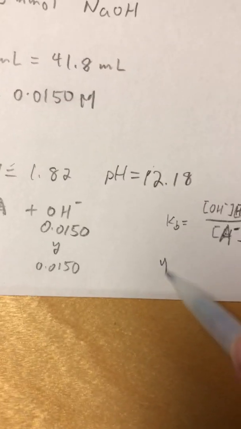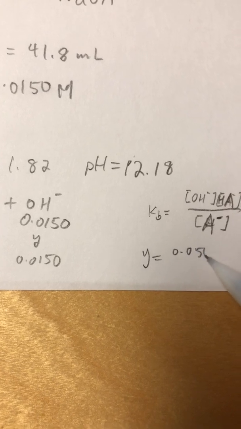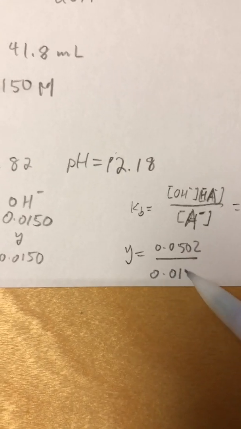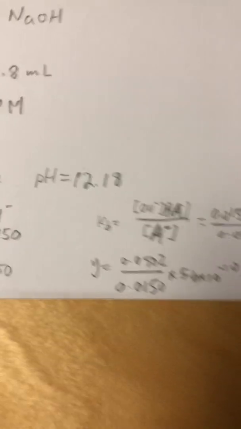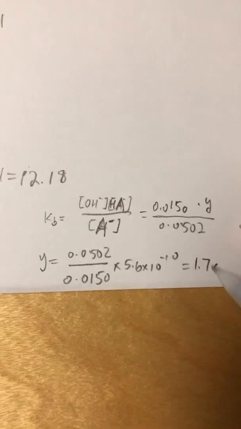Well, you solve for y equals 0.0502 over 0.0150 times 5.6 times 10 to the negative 10th power. You probably got 1.7 times 10 to the negative 9.